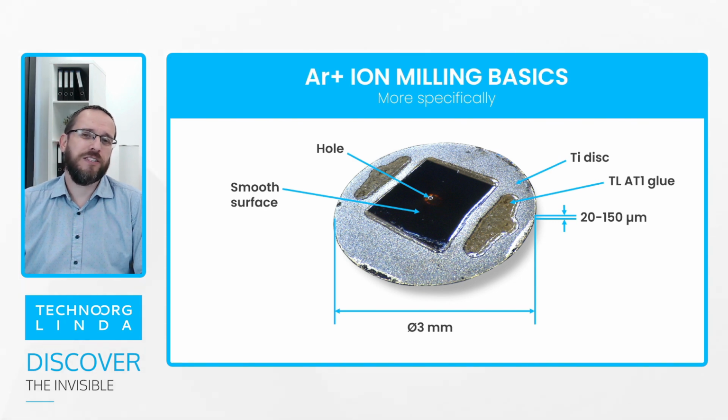The thickness of the titanium disc after ion milling should be no less than about 20 microns and no more than 150 microns. Yeah, and that's what we need.